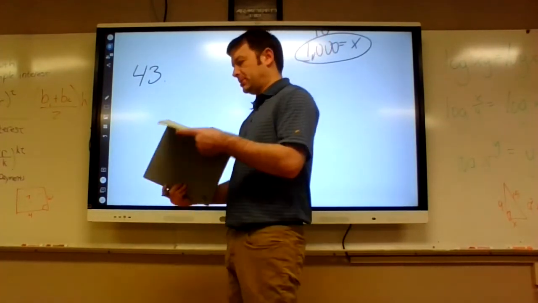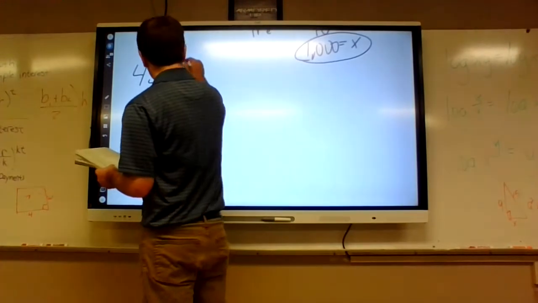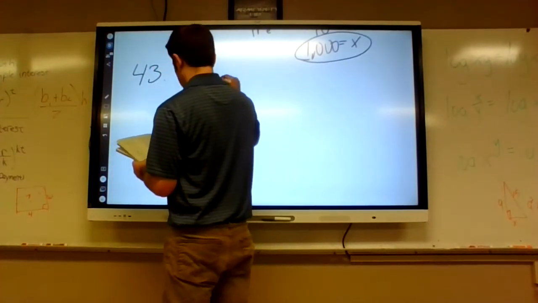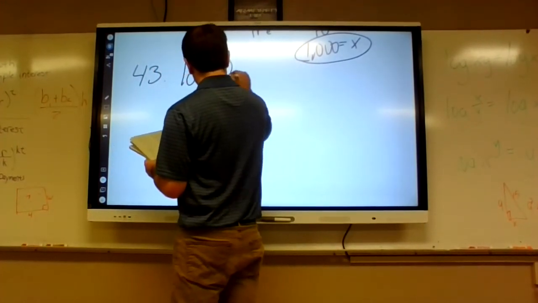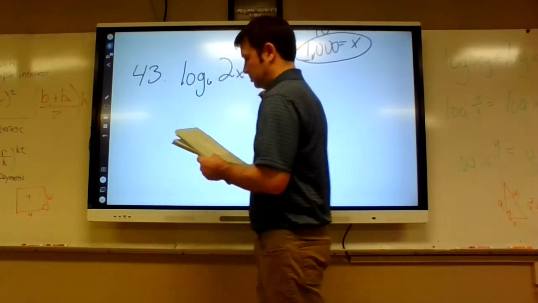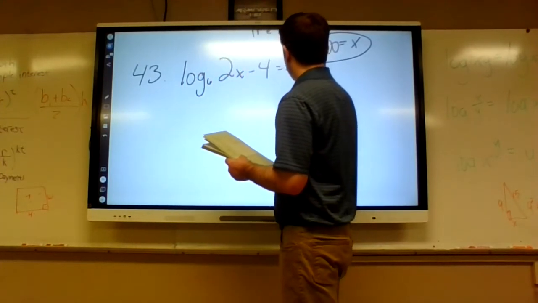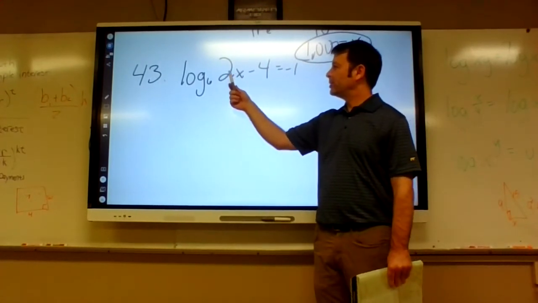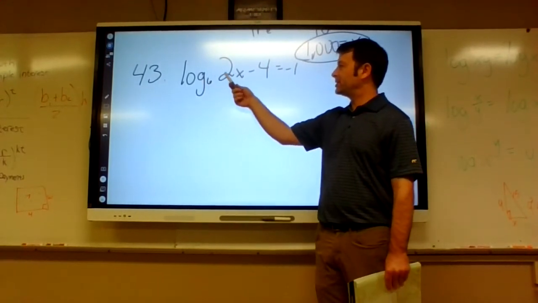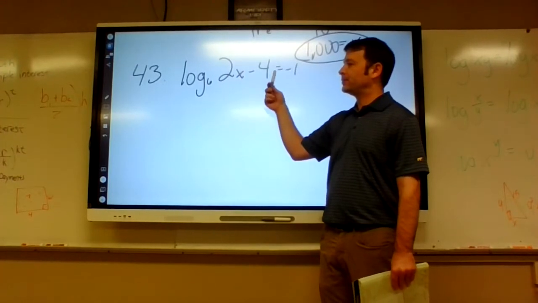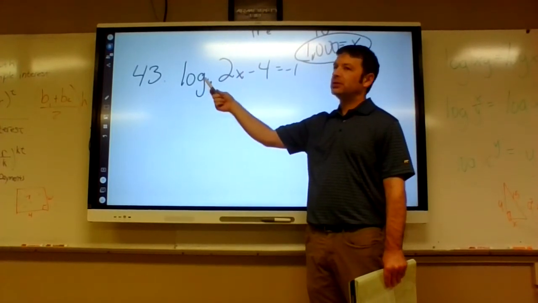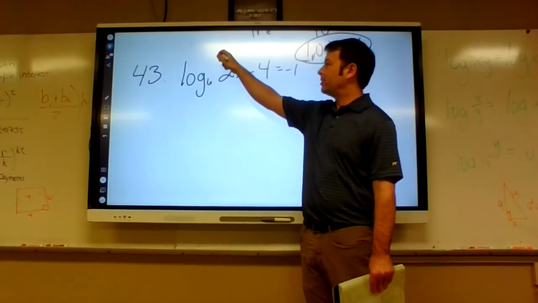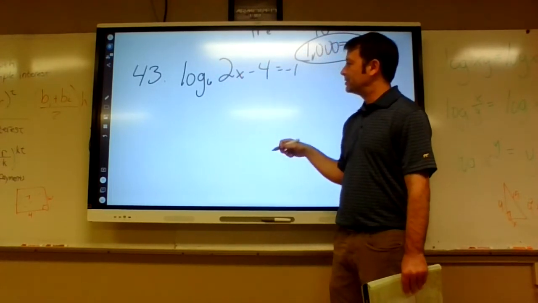Log base 6. Okay, here's a question. What is inside of this log? Is it the 2x or is it the 2x minus 4 in the log? 2x. Just the 2x. If they wanted to put it all in, they'd have to use parentheses.